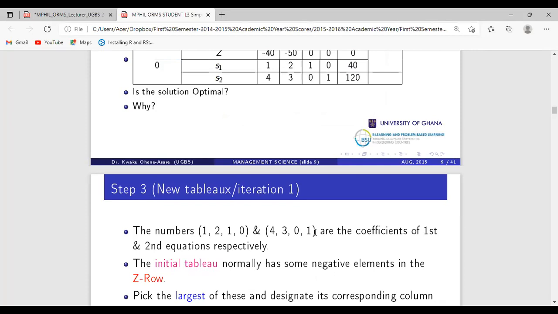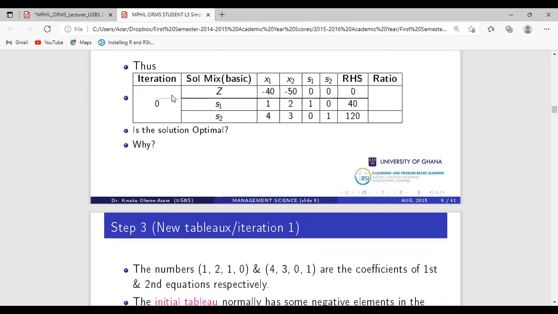Yes. Okay, and then another thing, let's also put this down. Another thing that will help you know that a particular iteration isn't giving you the optimal solution is the fact that the Z value row would have negative values. Of course, there is no way iteration 0 will ever give you your optimal solution.